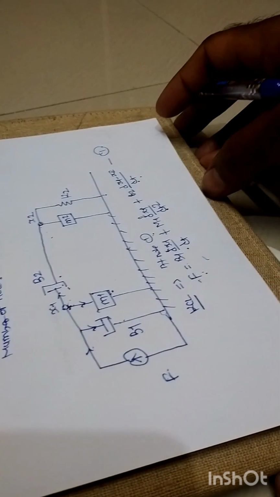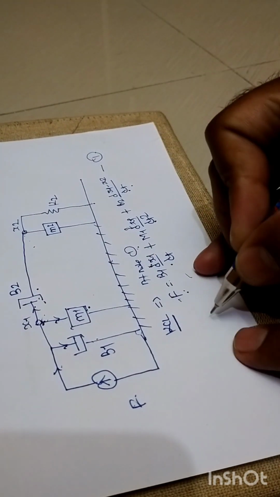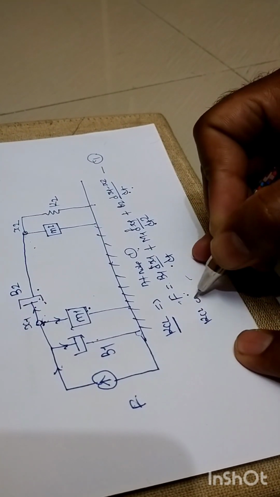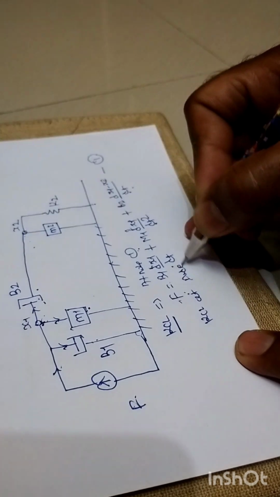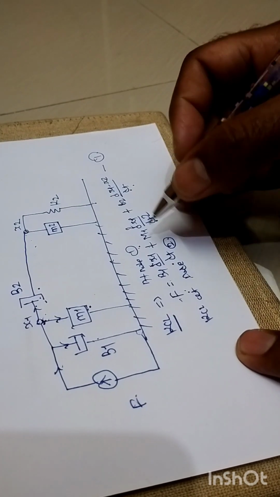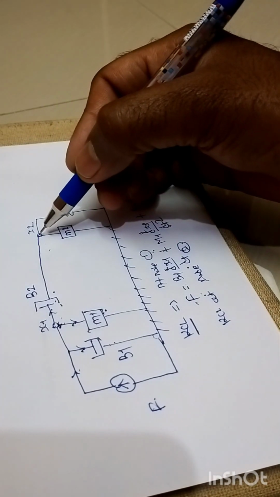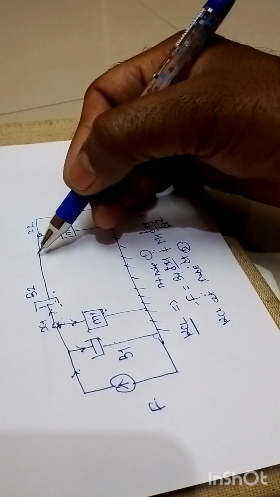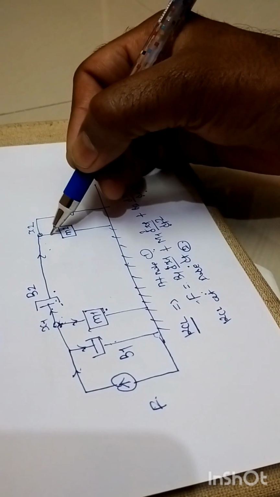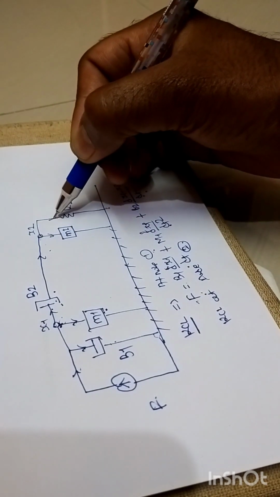Now similarly, when we apply Kirchhoff current law at node number 2, at this node, how many branches are interconnected to each other? This is the first one, this will be the second one, and this will be the third one.